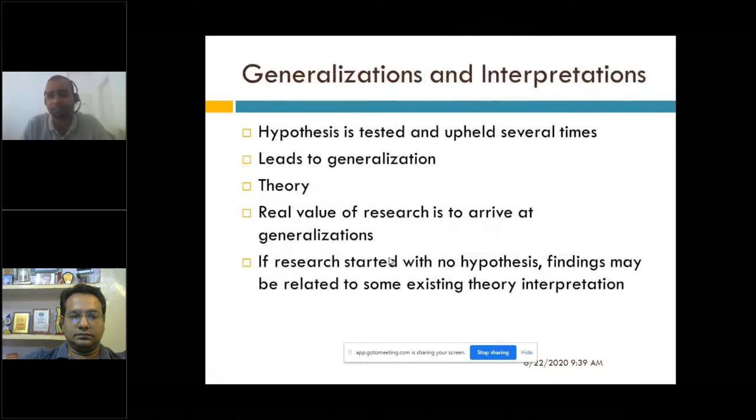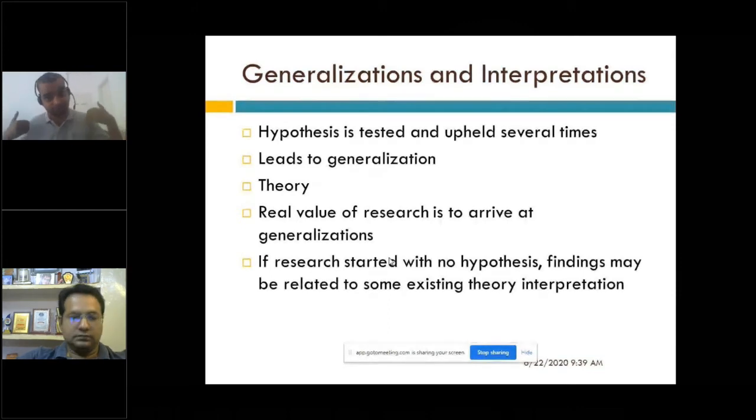Generalization and interpretation. In previous slides we discussed that we always take a particular area, maybe geographical, maybe some other dimension, for our research effort. In that case, we have collected data for that particular area. Can we generalize it to a broader area?